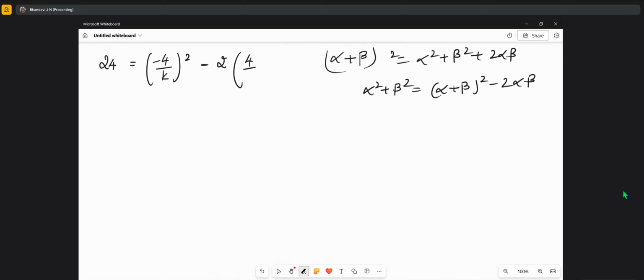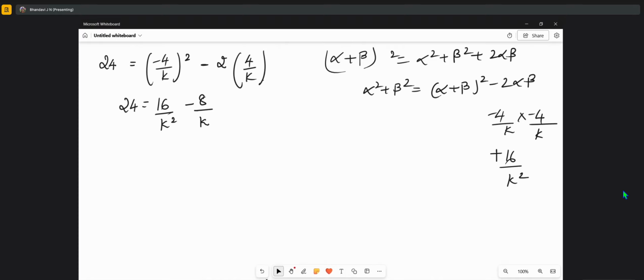Alpha beta is 4 by k. So now 24 is equal to minus 4 by k whole square, minus into minus plus, 4 fours are 16, 16 by k square, minus 2 times 4 by k, that is 8 by k. So you will get 16 by k square minus 8 by k.